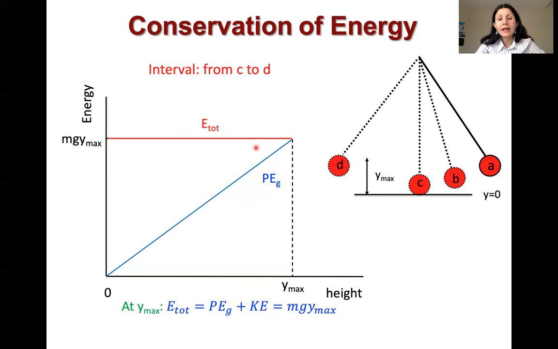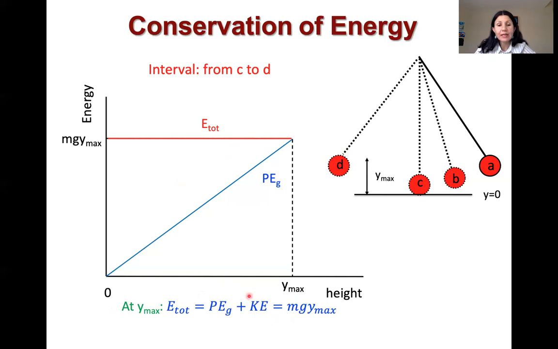Why is that a useful thing to do? Because once we know the total energy at one location, we can find it everywhere because we know it's a constant. So where can we immediately find the total energy? Well, we know that at position D, there's no kinetic energy.